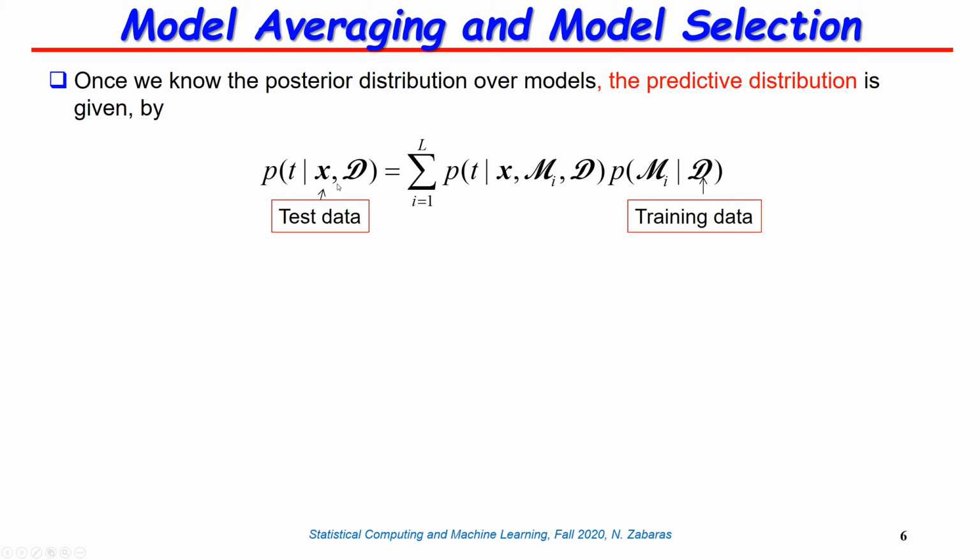And a good way to do this is using this equation that you see here that may look very complicated. Actually, it is not. First, notice that on the right hand side, the different probabilities are conditioned on the model M_i, and I'm summing over the model i. On the left hand side, there is no model M_i. All right, so that's the overall predictive distribution.